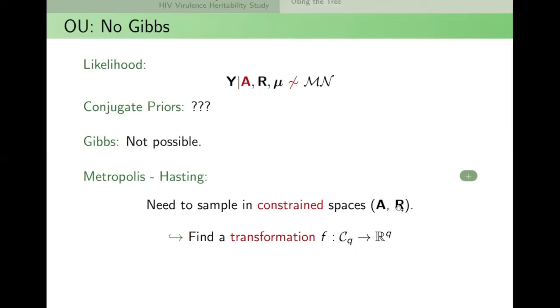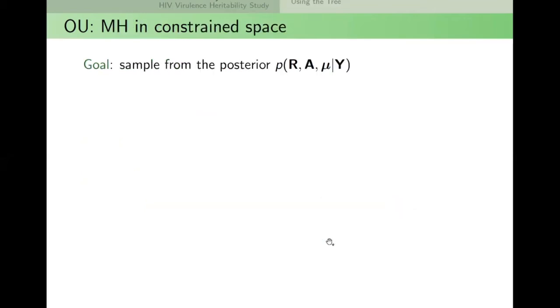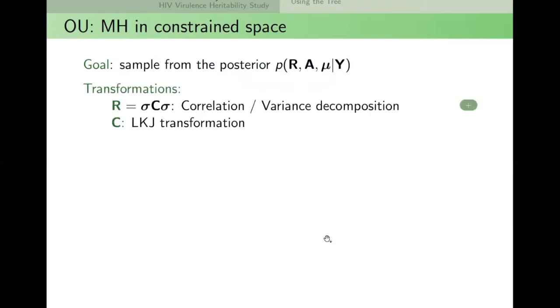For instance, for a symmetric positive definite matrix, it would be something like n(n+1)/2. Okay, so if you have a transformation, then you can just work in the unconstrained space, and then you have tricks to go back to the constrained space using the Jacobian of this transformation. And what we can show is that we do have these transformations for all these parameters.